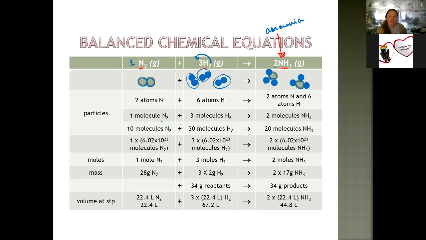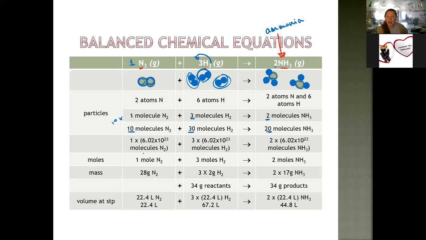I can think about this in terms of molecules. I could have 1 molecule and 3 molecules, and I could make 2 molecules of ammonia. I could scale that up a little bit and make 10 of these guys, 30 of these guys, form 20 of these guys, just by multiplying everything by 10. 1 times 10, 3 times 10, 2 times 10.